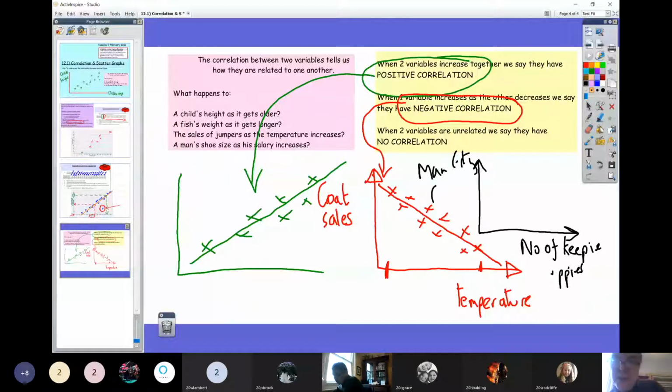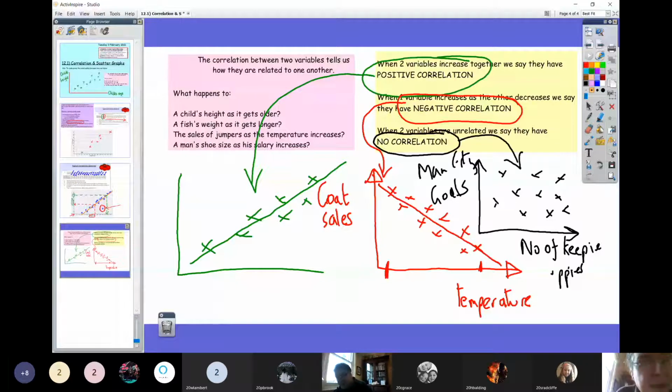Now, they are just not related at all. They're completely separate things going on in two different parts of the country. So if we plotted the points, there would be no relationship whatsoever. There would be no general trend upwards or downwards. It would be all over the place. And that's when we say there is no correlation.